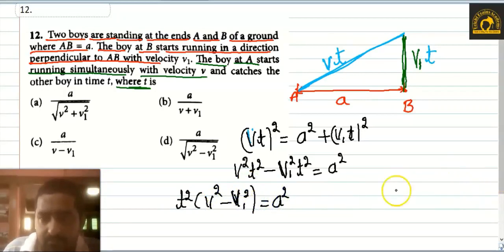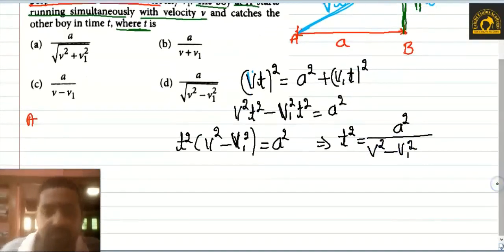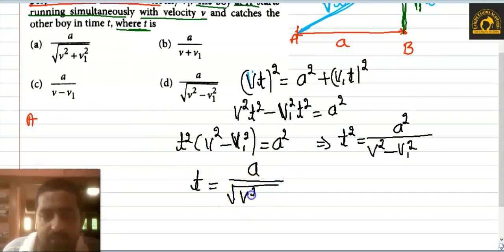So t square is equal to a square divided by (v square minus v1 square). Then t is equal to a divided by the square root of v square minus v1 square.